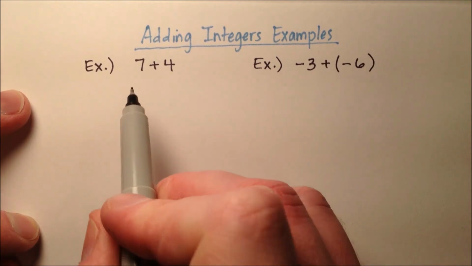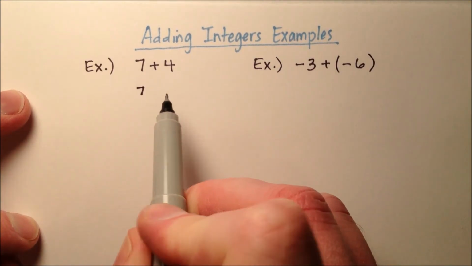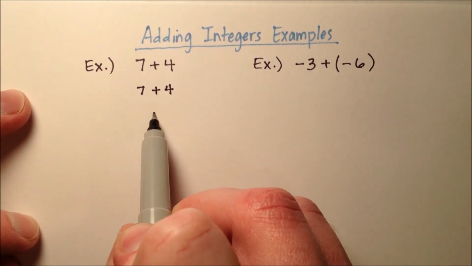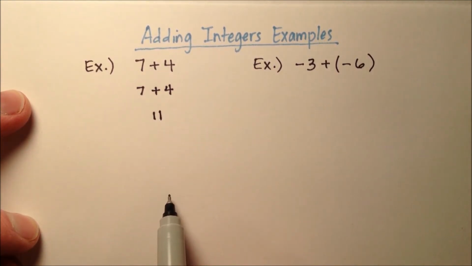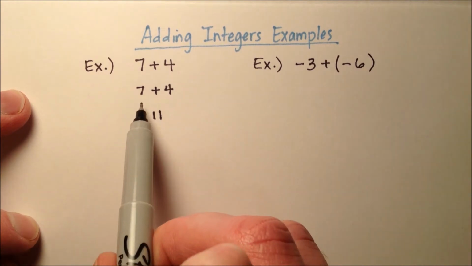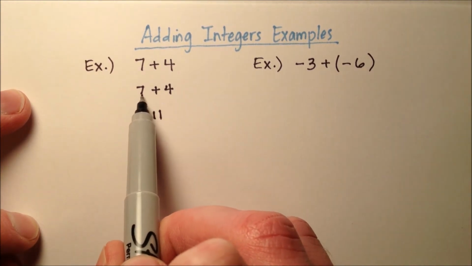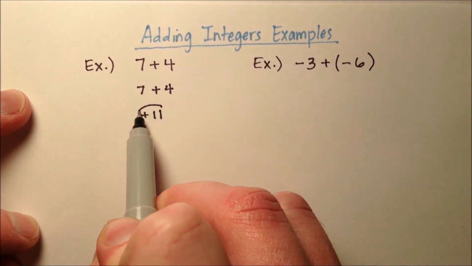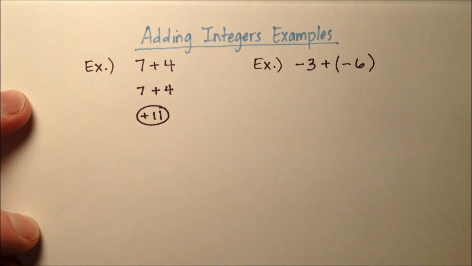Well, what's the absolute value of 7? Is 7. And the absolute value of 4 is 4. We're going to add them and we get 11. And we're going to keep the sign of the larger. Well, 7 is larger than 4 and its original sign was positive. So the answer will be a positive 11.